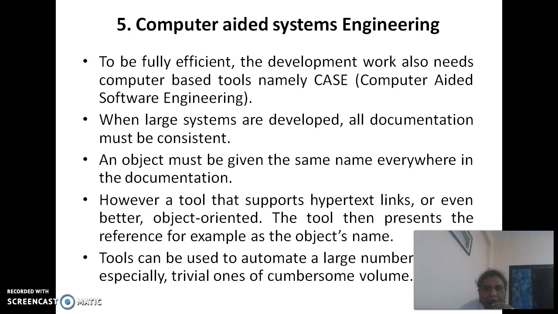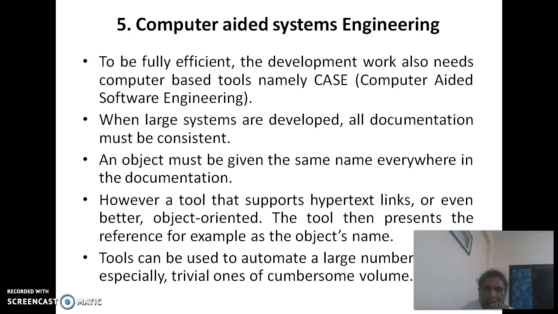Then coming to computer-aided systems engineering. Apart from looking into the kind of architecture we use, the kind of method that we take, and the process that is used to industrialize things, we come to the tools that are required for systems engineering.